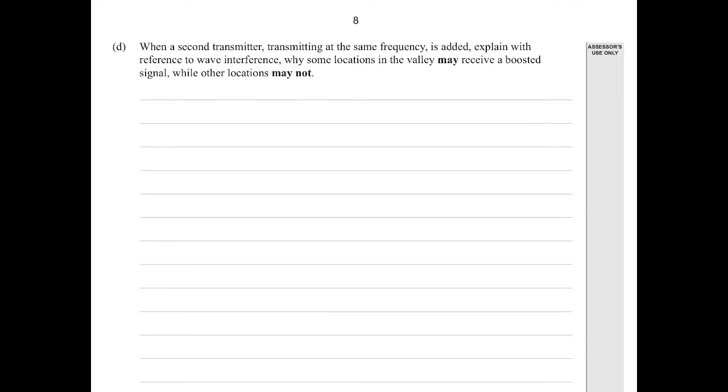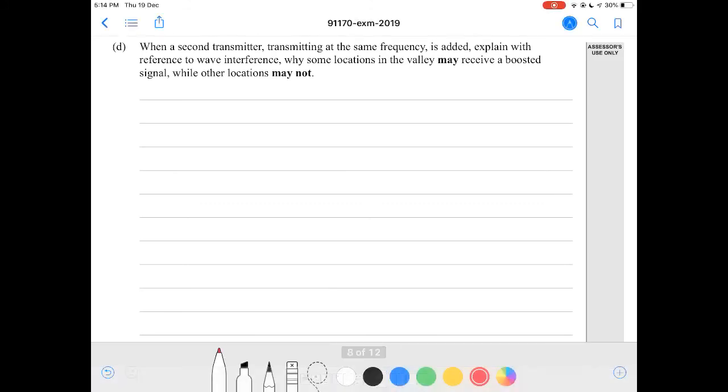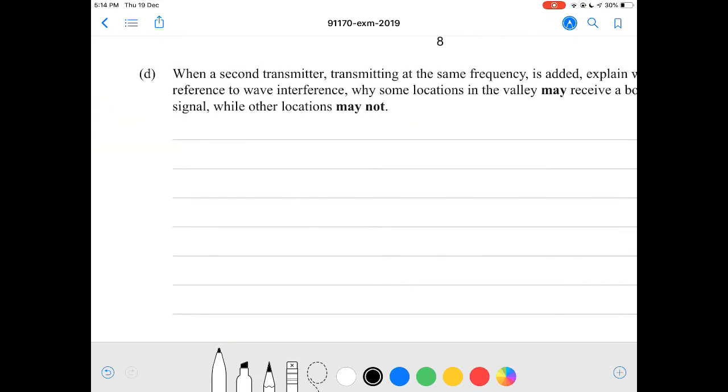When a second transmitter transmitting at the same frequency is added, explain with reference to wave interference why some locations in the valley may receive a boosted signal, while other locations may not. For this question, this is just one of the standard constructive and destructive interference questions. I'm not going to write a whole essay, but I'm just going to cover the important points you need.